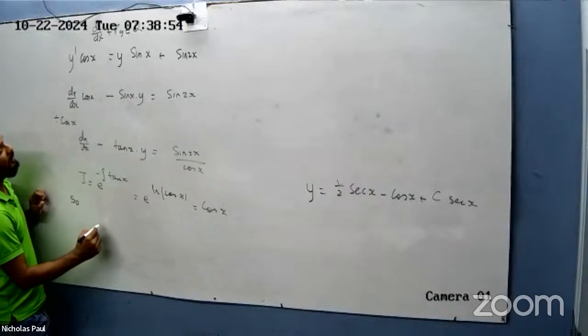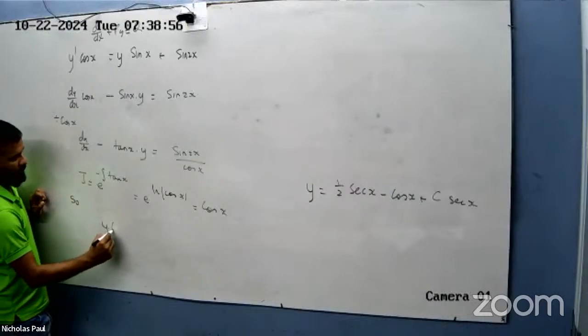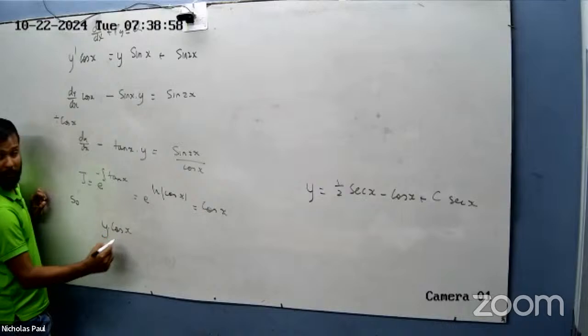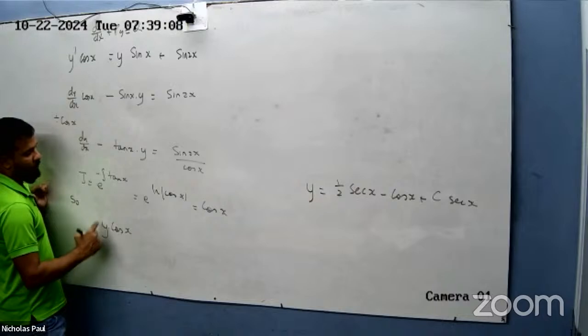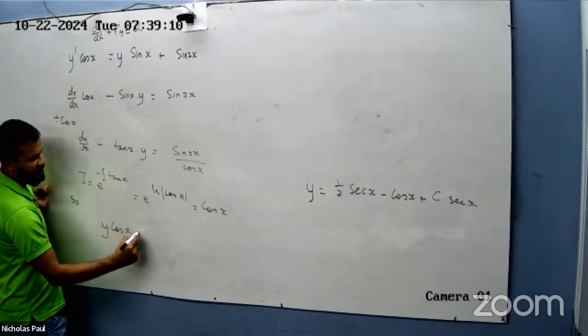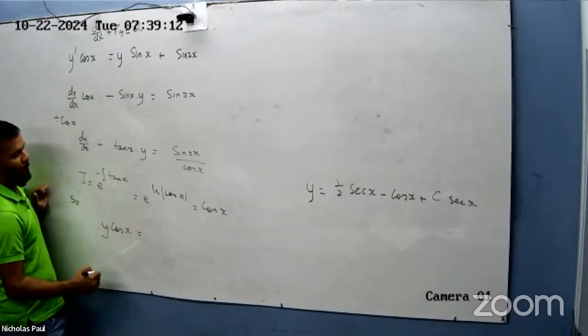if you use any formula, f prime of x by f of x is equal to ln f of x plus c. Yeah. If you see it, you can use it. Right? So y cos x is equal to what?